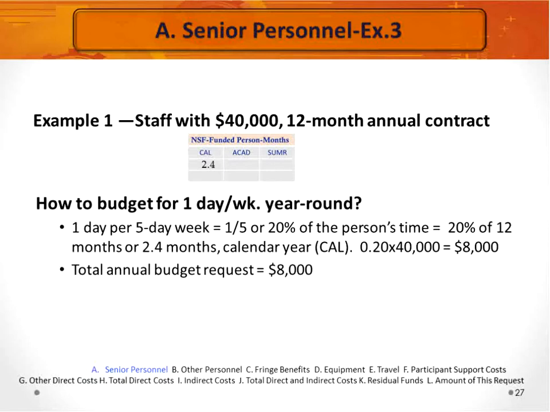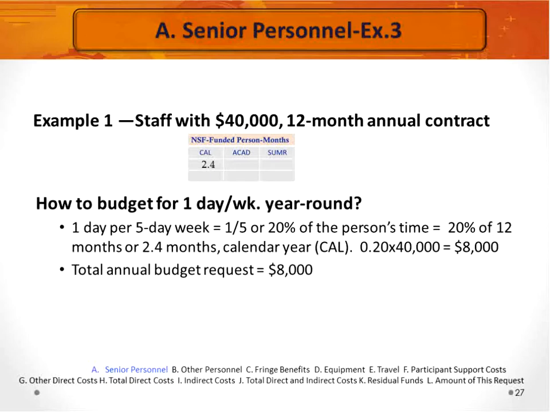Now, let's talk a little bit about this other category, which is the calendar months. So we have one more example. This time we're looking at an individual who is not a faculty member and works on a 12-month contract at the college. This person's 12-month salary is $40,000 in this example. If you do not have a gross monthly amount available, you can take the annual salary and then divide it by 12 to get the monthly amount.